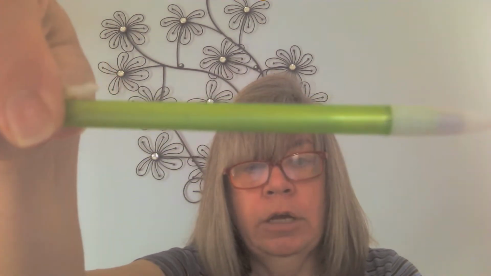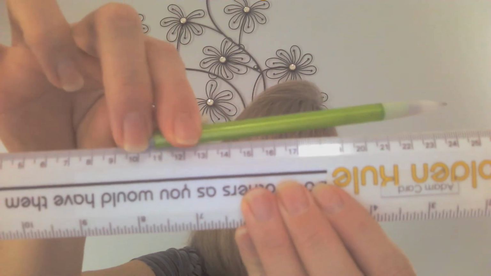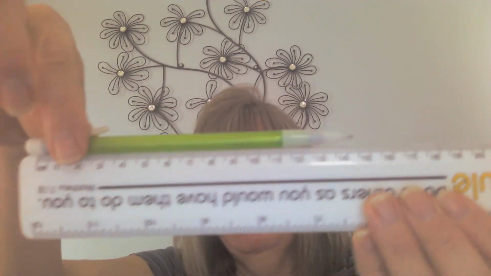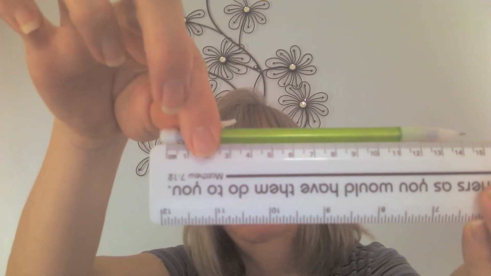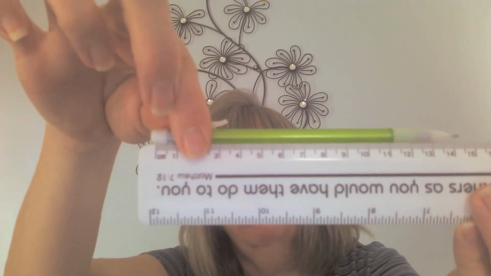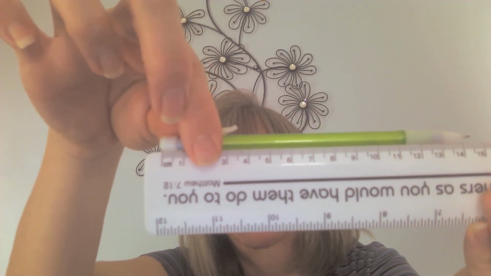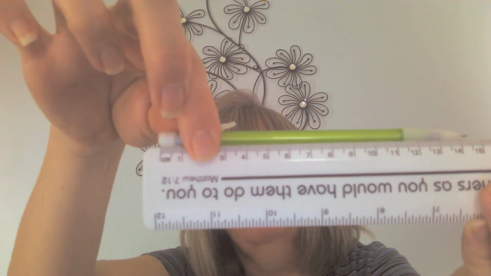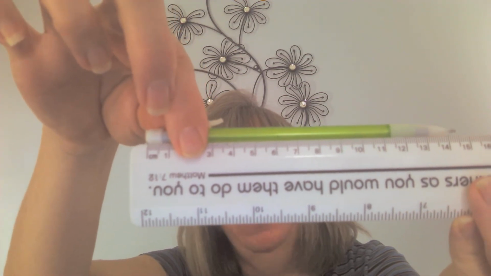Now, what do I do with centimeters? You measure stuff. So for example, I can measure my pencil to see how long it is. How do I measure? Well, I'm not going to put it in the middle of the ruler like that. That doesn't make sense. I have to put the end of my pencil right where the 0 is supposed to be.